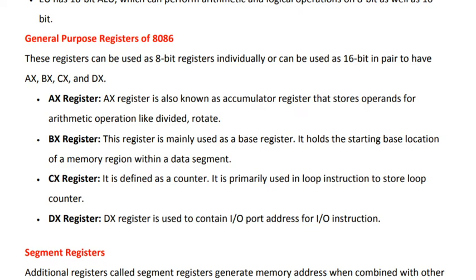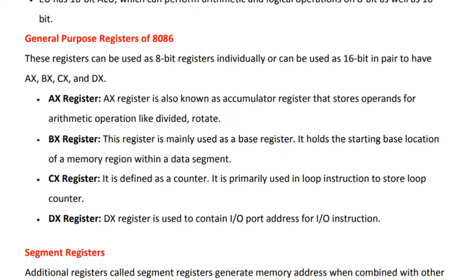So this we have already learned. The AX register, also known as the accumulator, is used to store operands during arithmetic, logical and data transfer operations. Likewise, the BX register is known as the base register. It is used as an address register. It holds the starting base location of a memory region within a data segment, so it is used to point to data in a memory location.